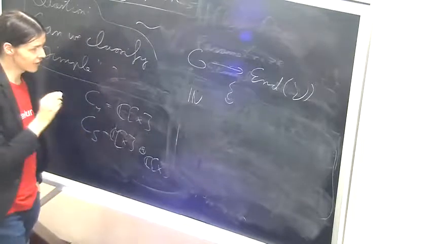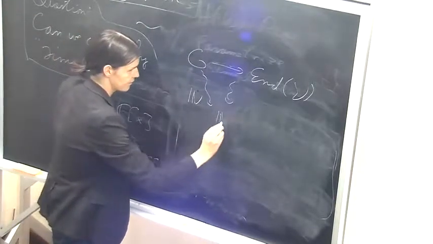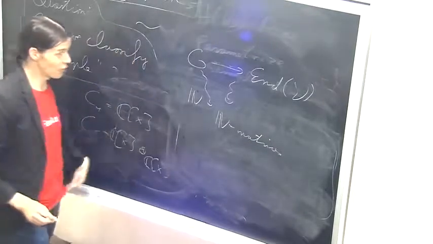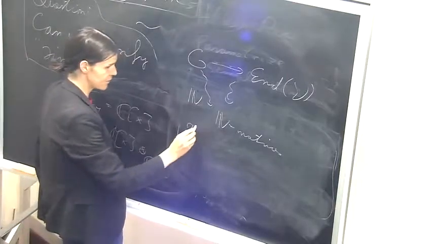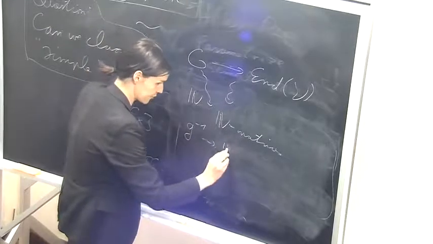Certainly you get that this acts by integral matrices. But now this is a group, so this is a group-like object.